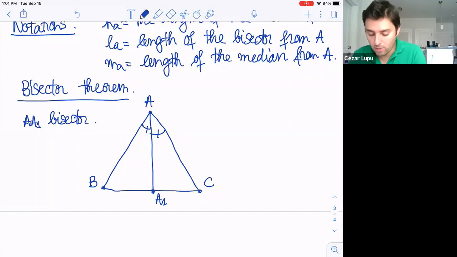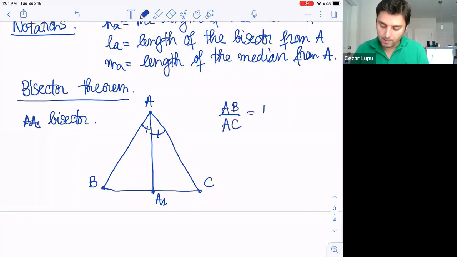Well, I would like to say one thing here, is that when you have a bisector, something will happen with the ratios here. And let me say exactly what it is. It means that AB over AC is the same as BA1 over A1C. That's the bisector theorem.